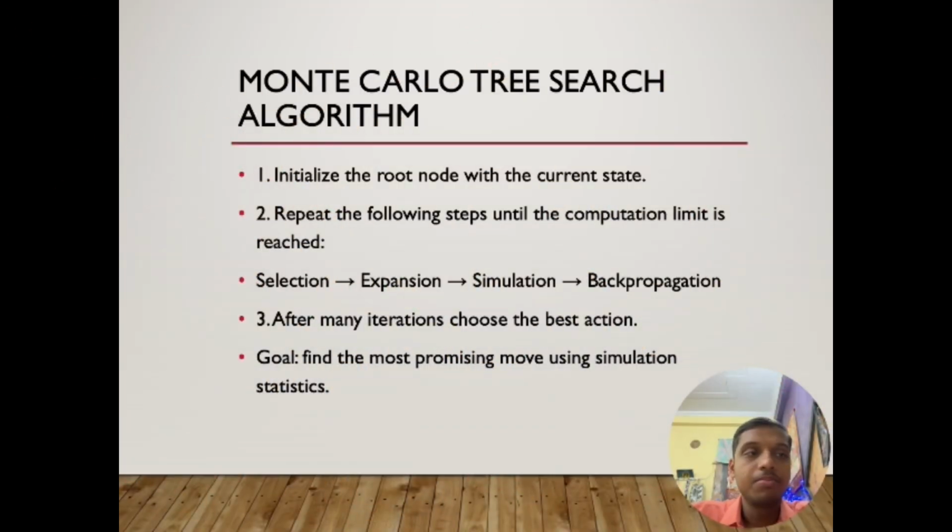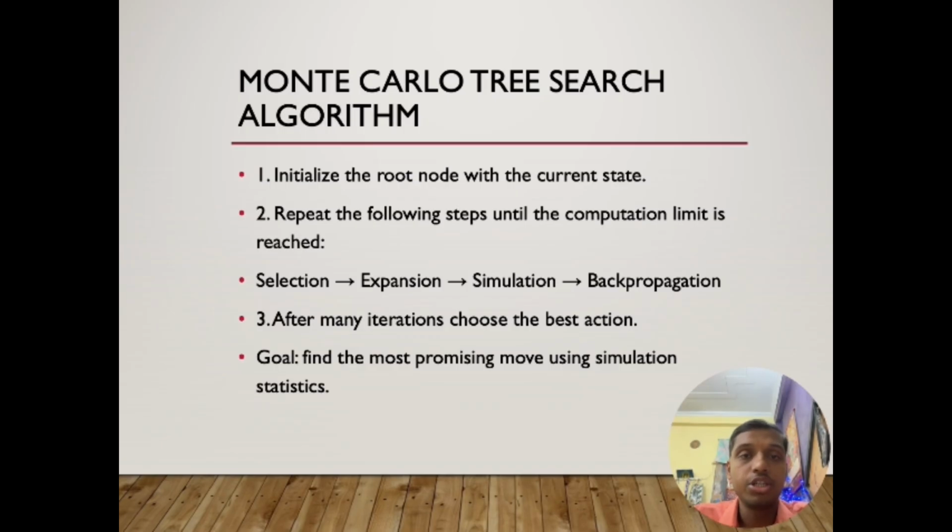Hi everyone, my name is Sanidhya and now I will explain the Monte Carlo tree search algorithm. The algorithm begins by initializing the root node, which represents the current state of the problem or game. After initialization, the algorithm repeatedly performs four major steps: the selection phase, the expansion phase, the simulation phase, and the back propagation phase.